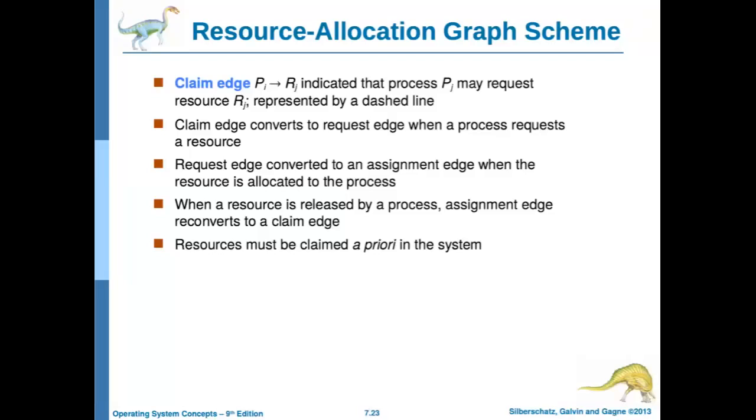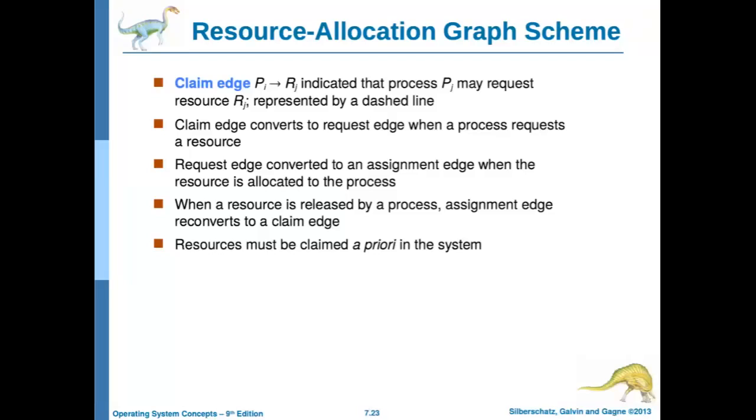Of course, the request edge and the assignment edge both are solid and they are directed. Claim edge is also directed. So that is important. Whenever that resource type is assigned to that process, the direction of the arrow will be changed. Previously it was from P to R, that is process to resource. Now this will be from R to P, that is resource to process.